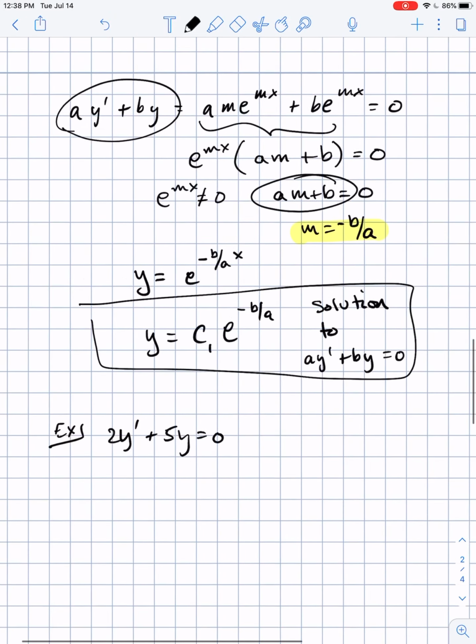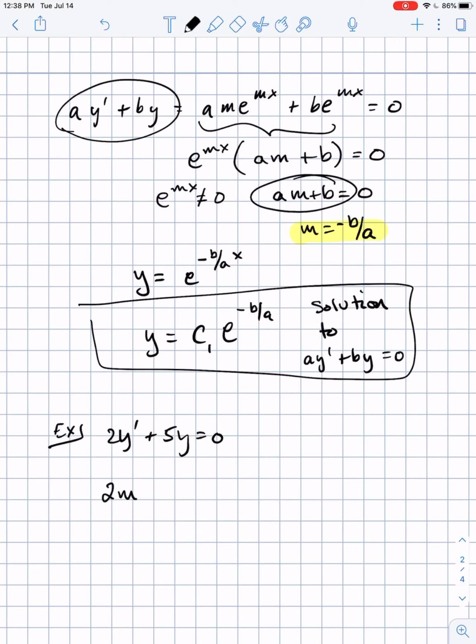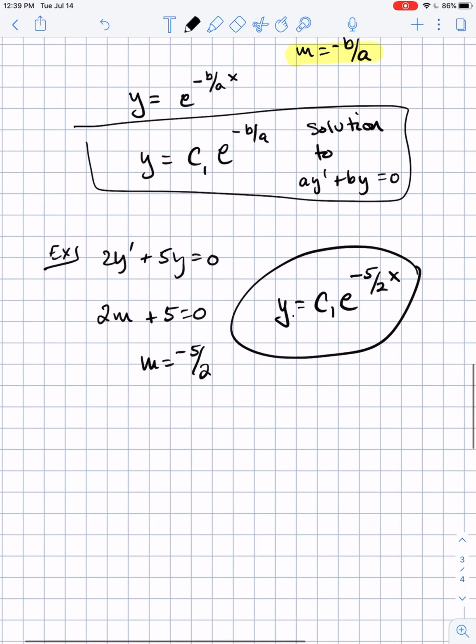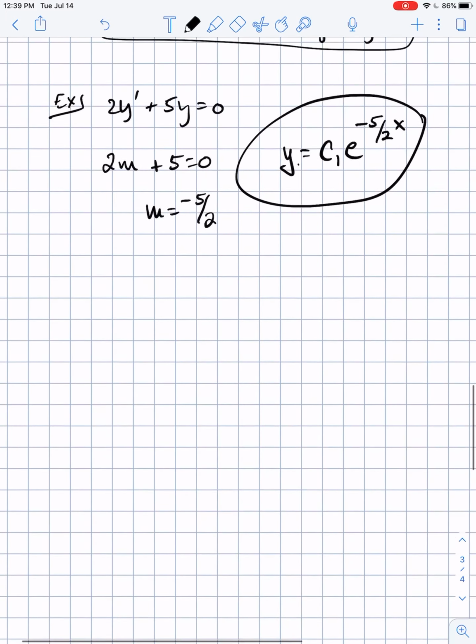So it's going to be 2m plus 5 equals 0. So m is going to be negative 5 halves. And then I know that my solution is going to be y equals c1 e to the negative 5 halves x. And that's it.